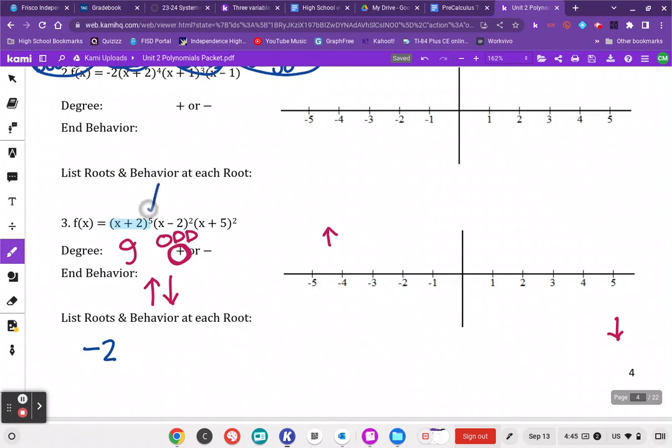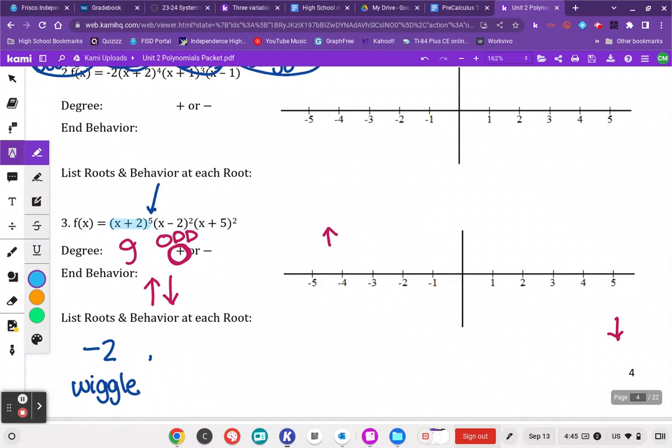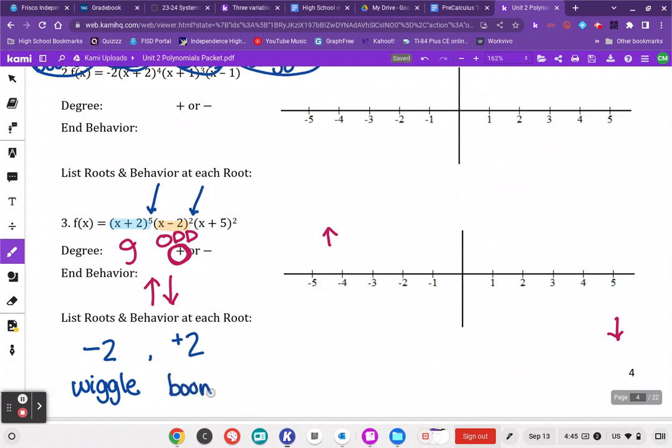And -2, there's an exponent of 5. An exponent of 5 means I have a wiggle. Okay, next. That factor there means I have a root at +2. The exponent 2 tells me I'm going to bounce.